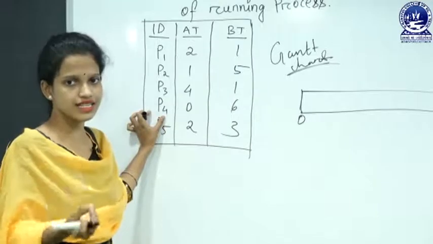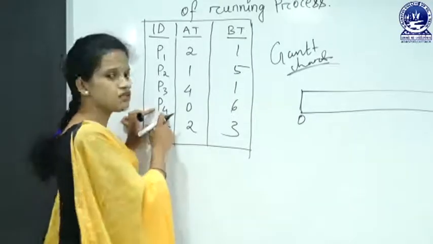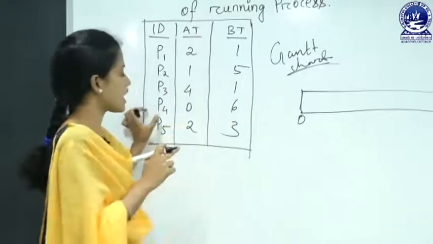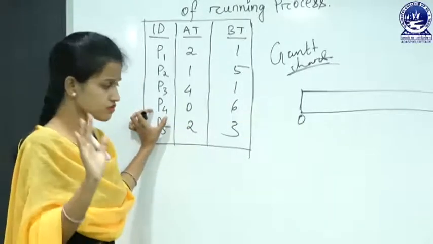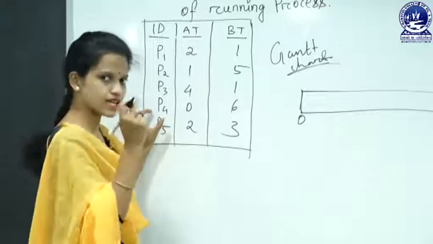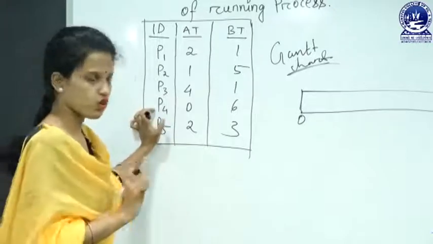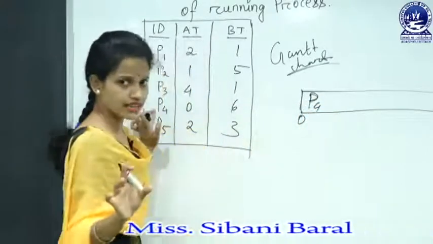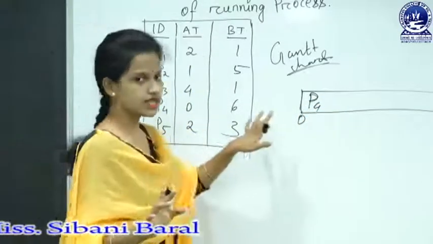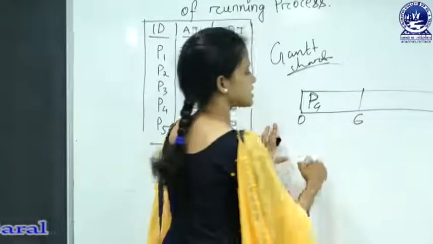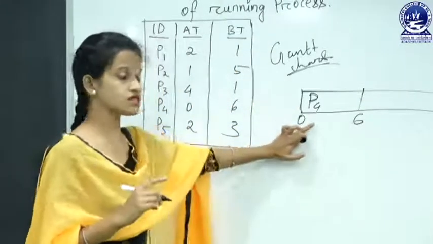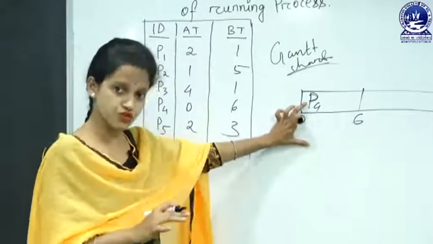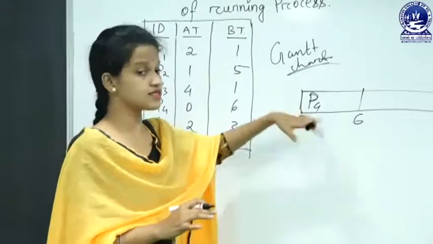So now the ready state has the process P4, so we have to assign the CPU to P4. So, the CPU is allocated to P4 at 0 millisecond. It is not like it will continue its execution for 6 milliseconds. That was in the non-preemptive case.